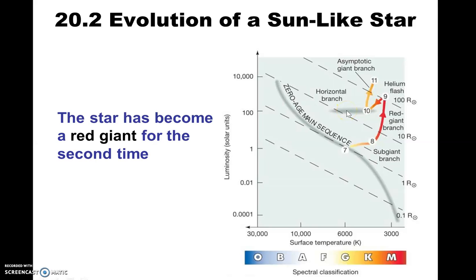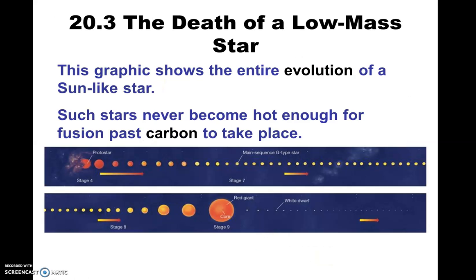Not very long, not on cosmic terms, not very long at all. And then it asymptotically becomes a red giant again. All right, so this is just showing an artist's rendition of what takes place with a low mass star like the sun.